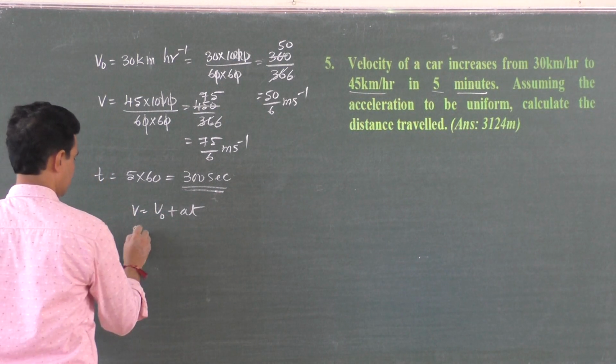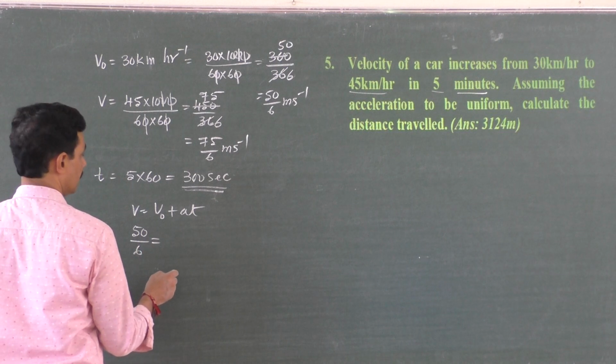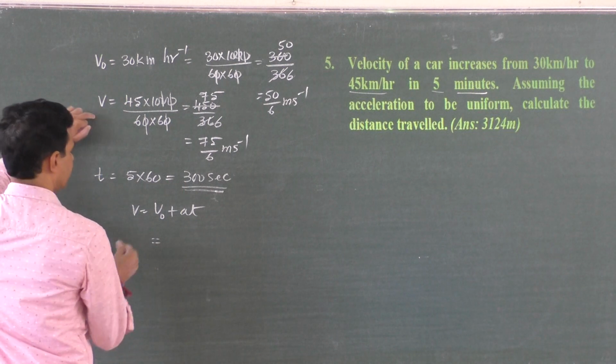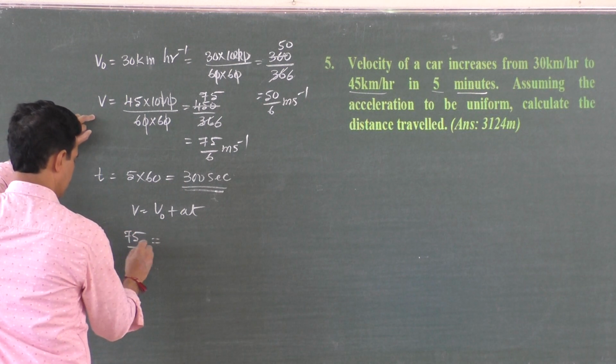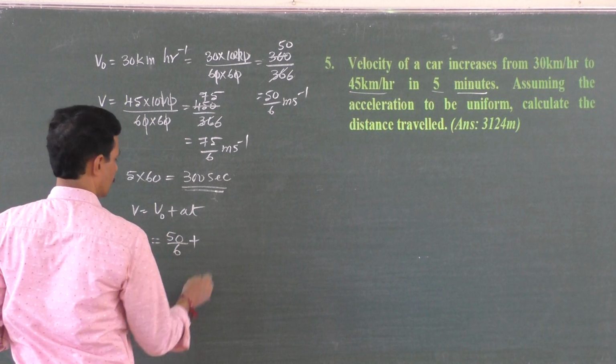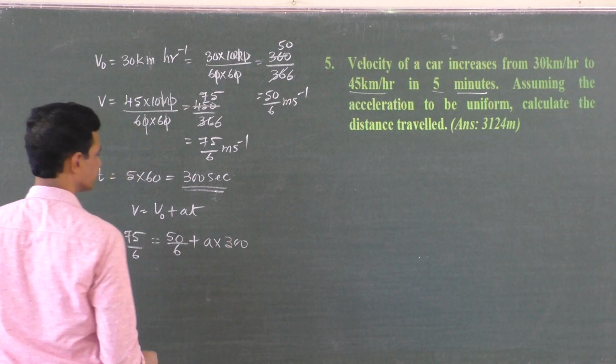Final velocity is 75 by 6, initial velocity is 50 by 6, plus a, which we don't know, times t, which is 5 minutes, 300 seconds.